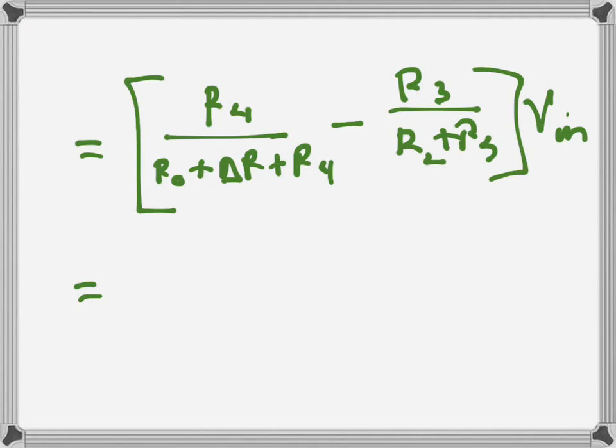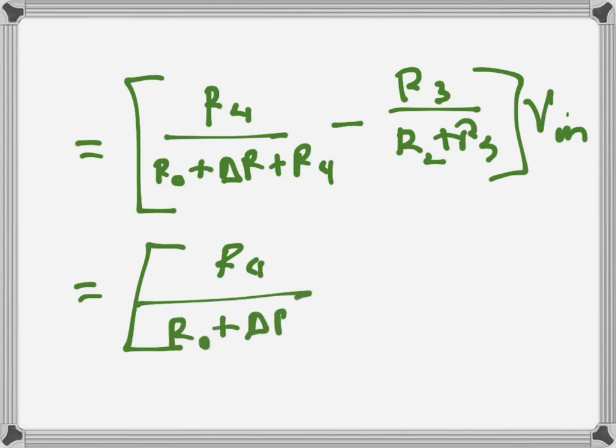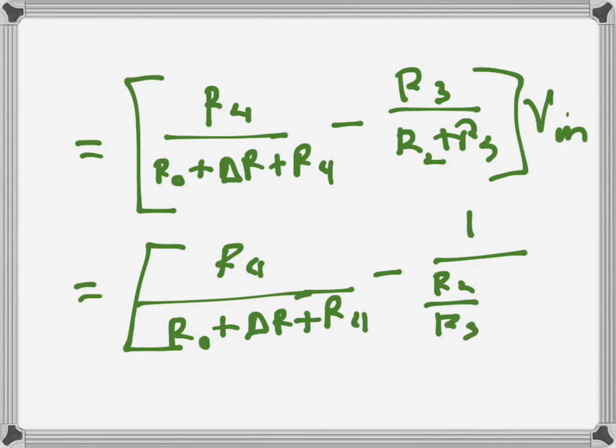So this is now becoming R4 over R0 plus del R plus R4. I am not doing any change here. But here I can divide both numerator and denominator by R3. So the numerator becomes 1, this becomes R2 over R3 plus 1, and then V in is there.